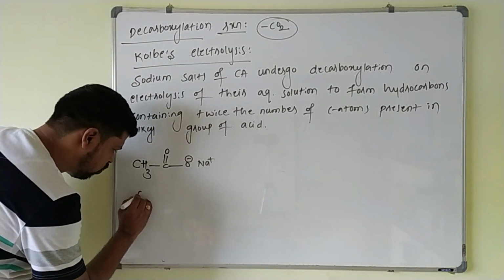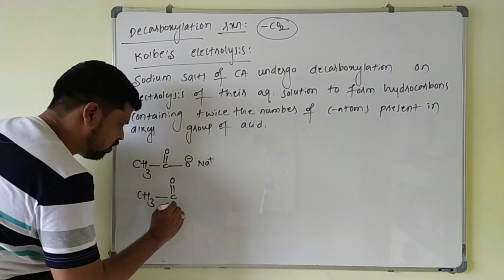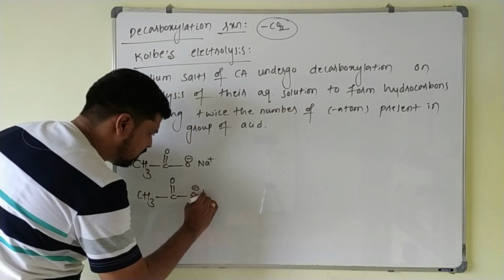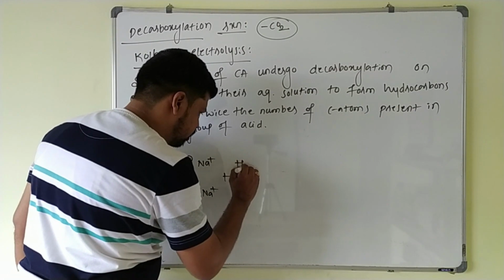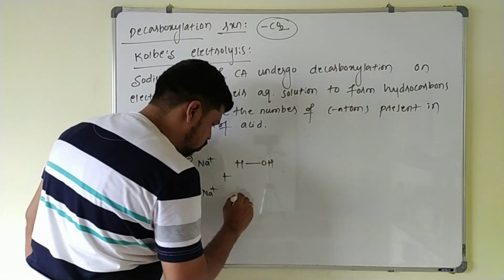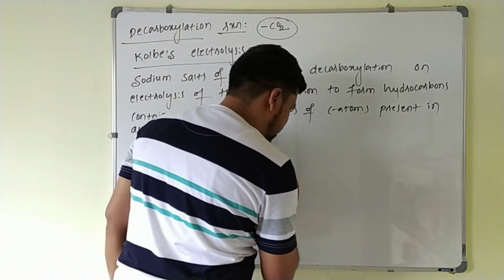So first you have to take 2 moles of acid salt here, CH3COO- Na+, plus 2 moles of water molecule, this on electrolysis.